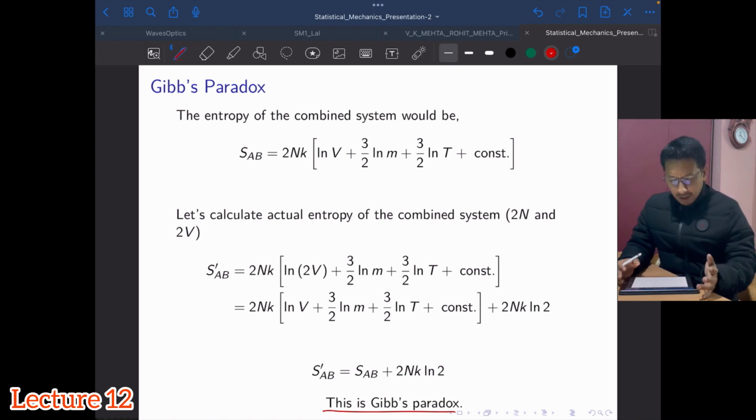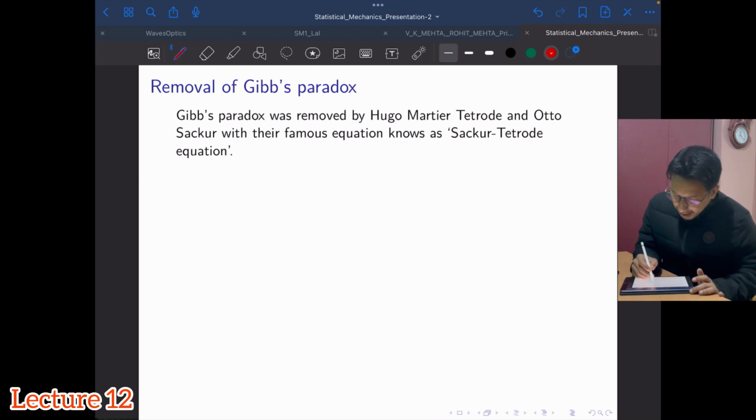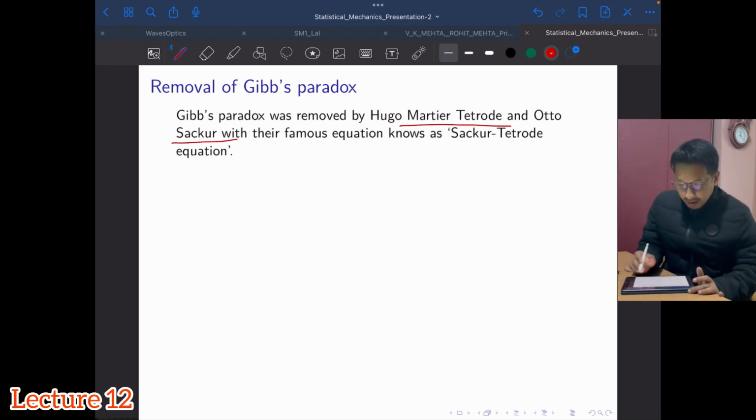Then there were a few physicists, actually one of them a physical chemist, who worked on this problem and tried to resolve this Gibbs paradox. It was resolved by the physicist Martyr Tetrode and Otto Sackur.